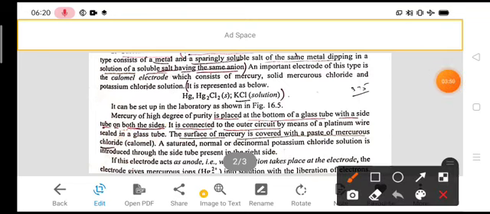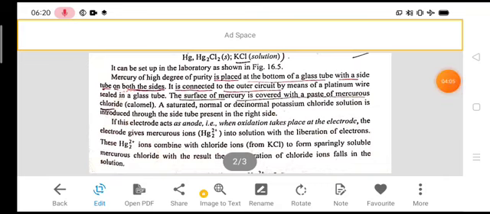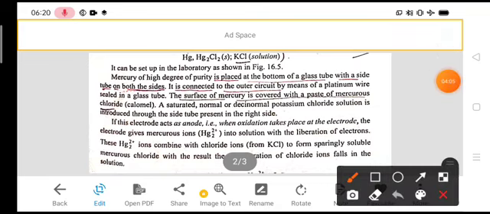The surface of mercury is covered with a paste of mercurous chloride. Mercurous chloride is also called as calomel. A saturated, normal or decinormal potassium chloride solution is introduced through the side tube present at the right side of the glass tube.